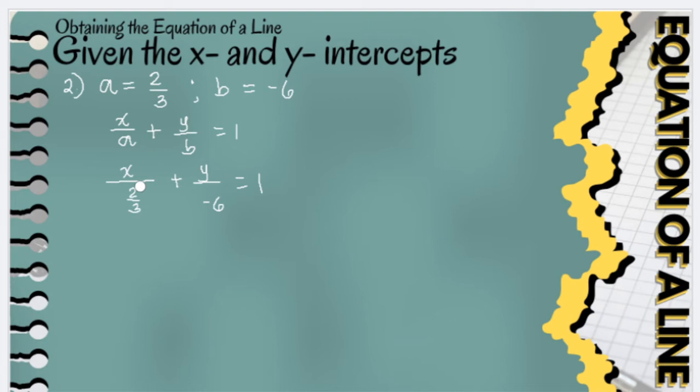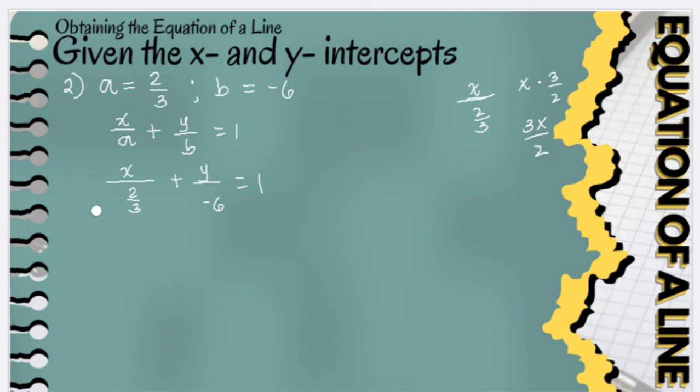So, paano ba natin ito isisimplify? Ipakita lang natin dito sa side na to. Kapag mayroon tayong x over 2 over 3, we can simplify this complex fraction by multiplying the numerator x by the reciprocal of the denominator, which is 3 over 2. So, x times 3, that's 3x then over 2.